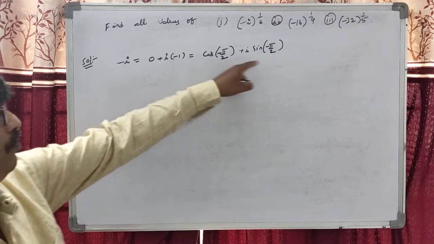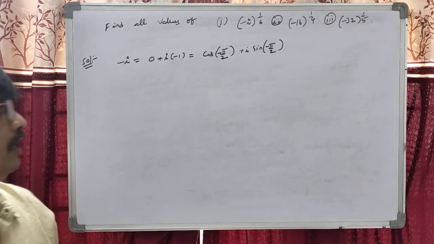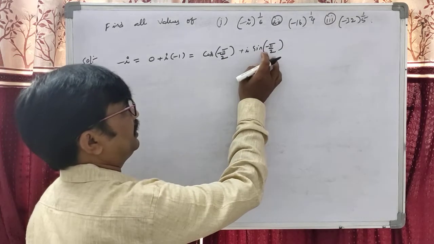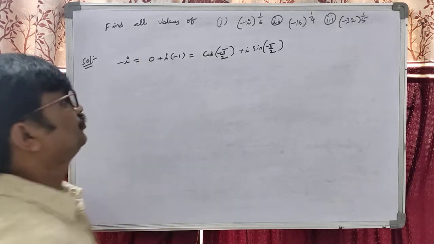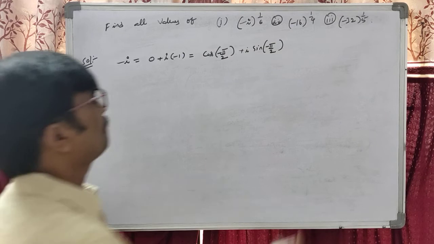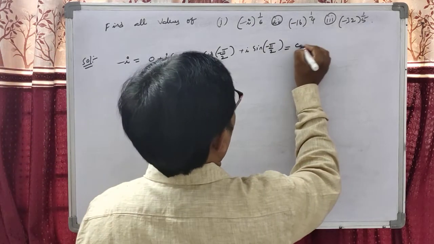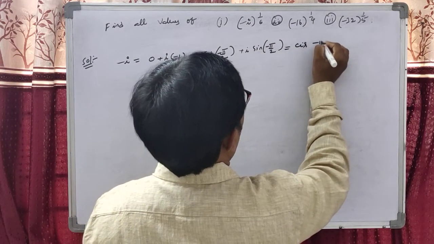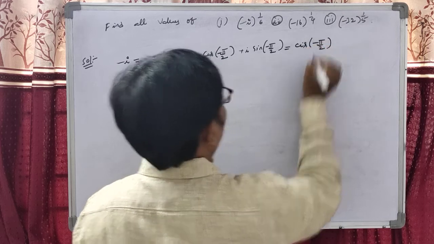So cos 90 + i sin 90, with cos 90 = 0 and sin 90 = 1, that is −i. This can be written as cis(−π/2).